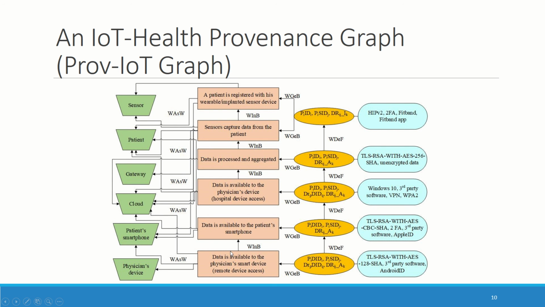We describe the scenario in the paper, but all the relevant activities and workflows involved, the agents or users and the actors involved in the graph, are also shown with the entities used in the model. For example, it starts from patient registration with the capture of data and the data processing and how the data is made available to the system. It also shows the hospital device access and the remote device access as well.